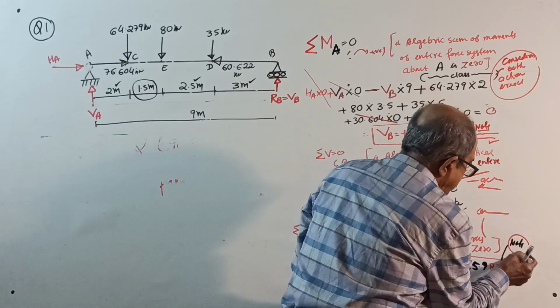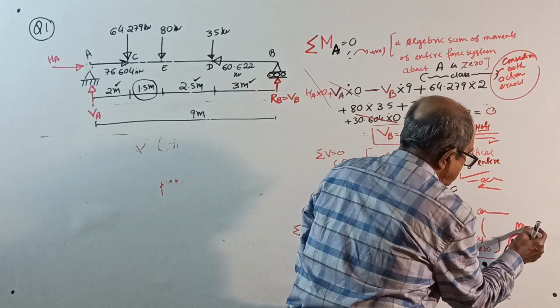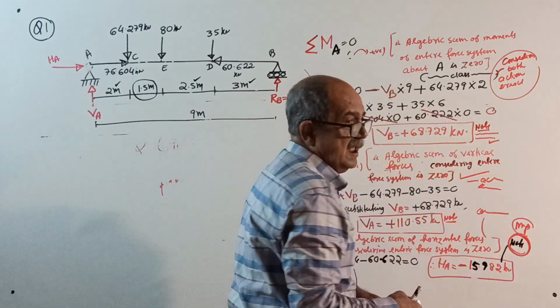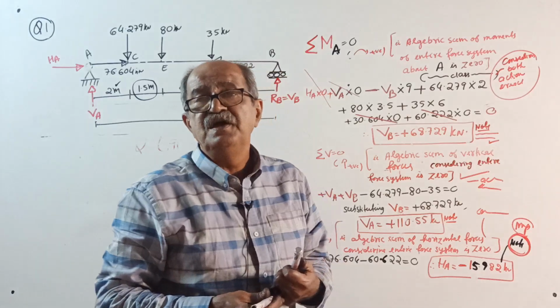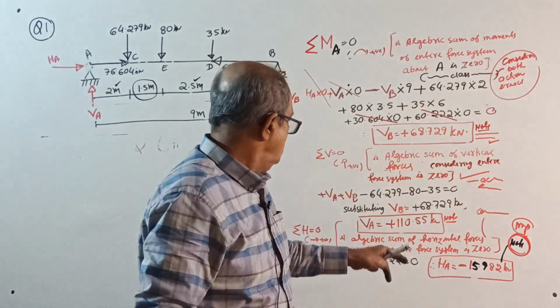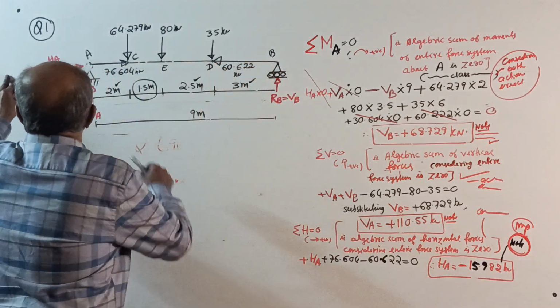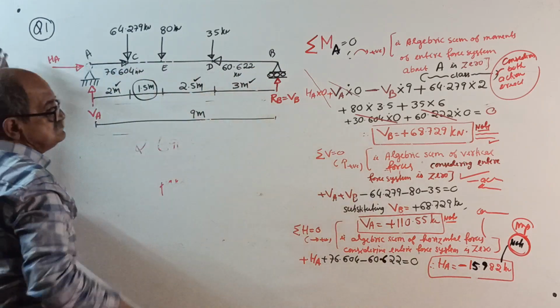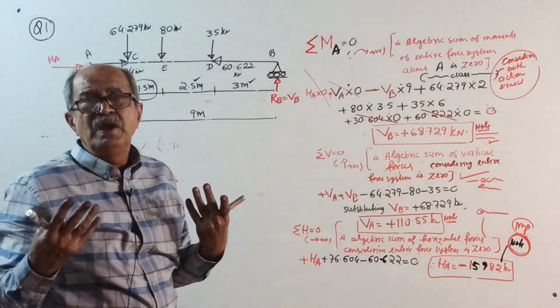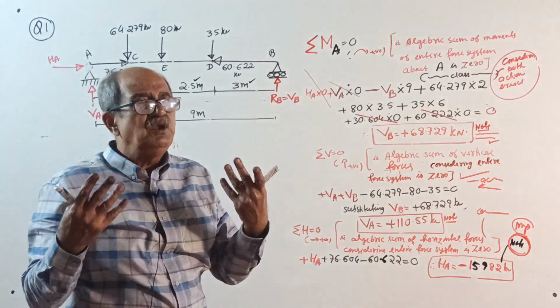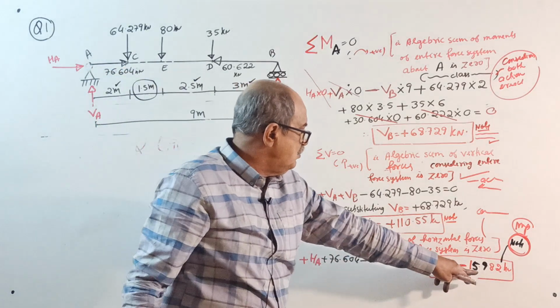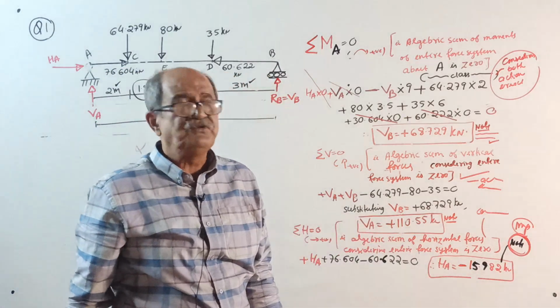Now, make a note. Actually, a very, very important note. I will not tell it next time onwards; I am telling it last time. We considered HA at A to the right side. That is our choice; whatever you want, you can do. But when you solve, you got a negative sign.